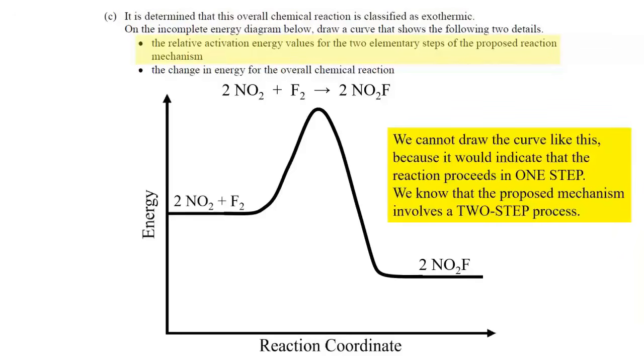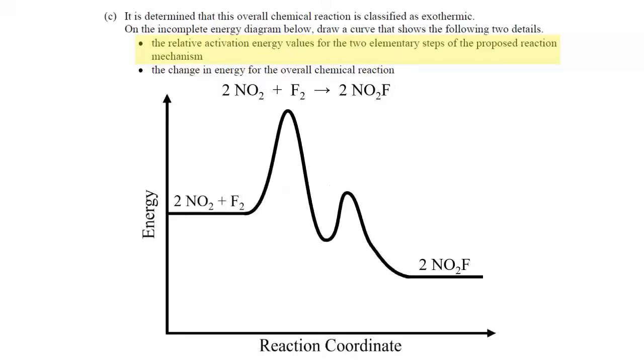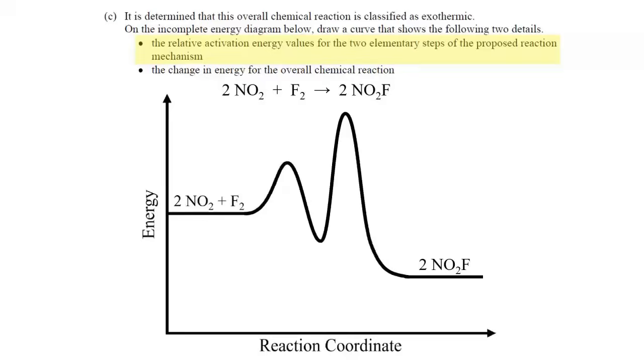And the reason why we cannot draw a curve like this is because we already know it's a 2-step mechanism. So a curve like this would indicate that there's 1 transition state, 1 activation energy, and it would proceed in 1 step. So that's incorrect. The problem is, if we're not careful, we might not know exactly how to draw the relative activation energies of these 2 steps. So I have to be careful about this.